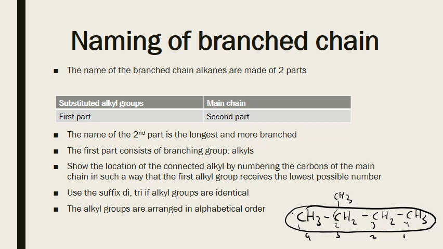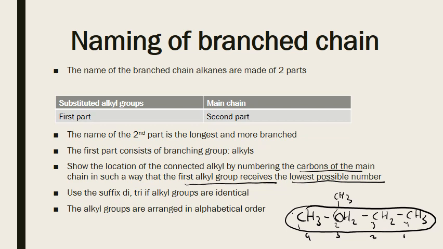This carbon, specifically, because it has the alkyl group connected to it, you can see that it's going to be either the second carbon or the third carbon. Here it says that the carbons of the main chain are numbered in such a way that the first alkyl group receives the lowest possible number, and the lowest number here is 2. So how are we going to name this?